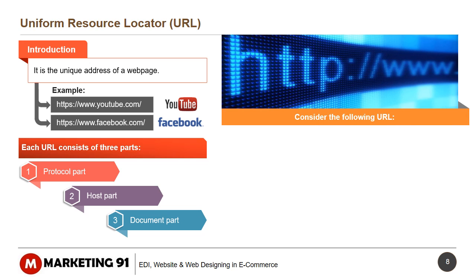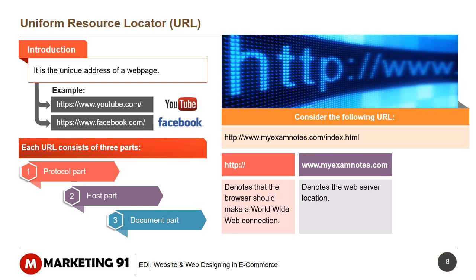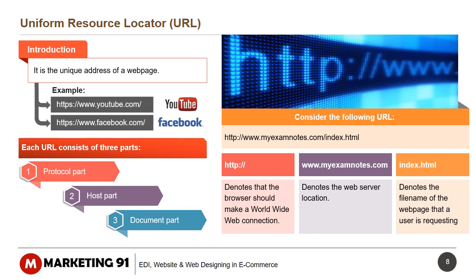Consider the following URL: http://www.myexamnotes.com/index.html. http:// denotes that the browser should make a World Wide Web connection. www.myexamnotes.com denotes the web server location. Index.html denotes the file name of the web page that a user is requesting.